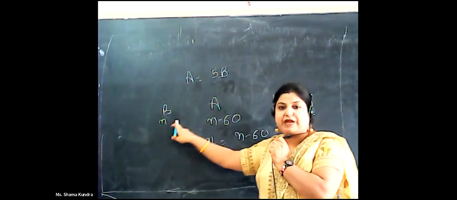And as it is 5 times, n by 5 will be equal to n minus 60, as A is 5 times faster than B according to the given.